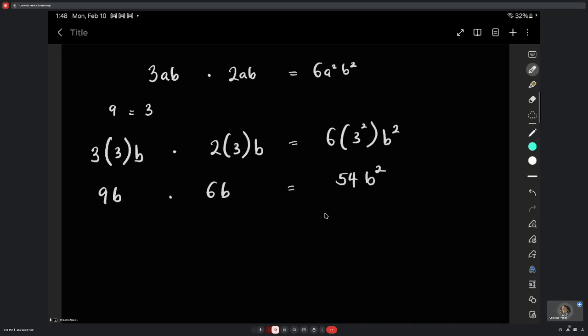If we multiply these two, we can see that we still get 54. So when we partially evaluate, we partially evaluate each of them, and then we continue holding them like that. We're not yet multiplying them separately.